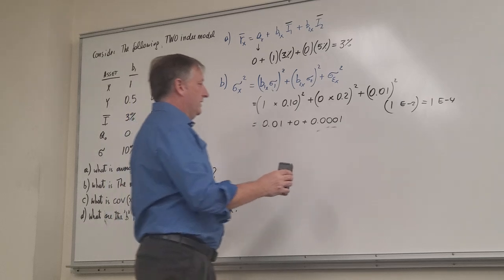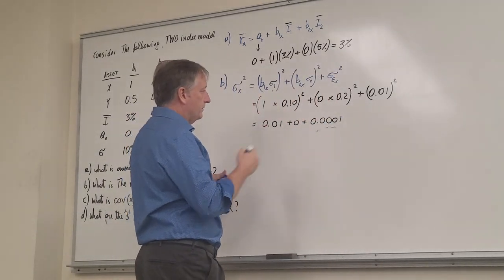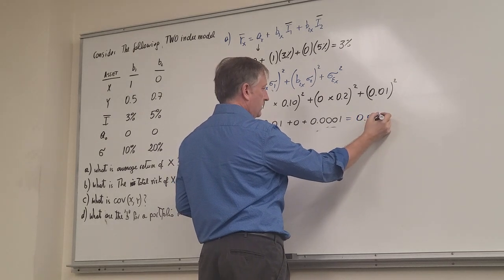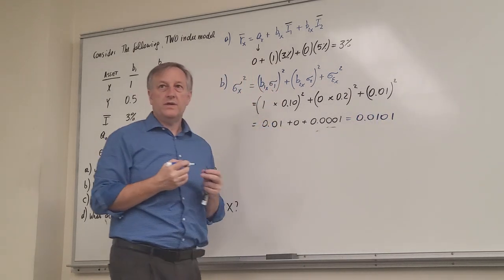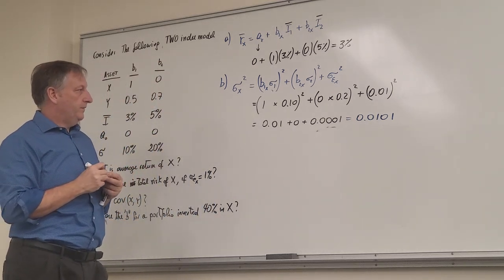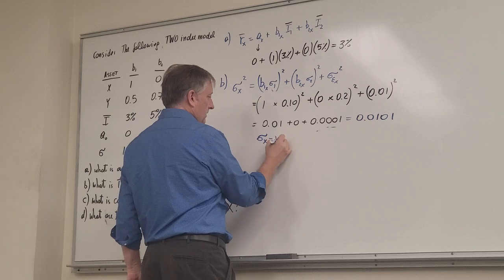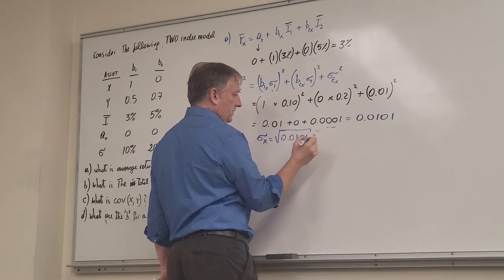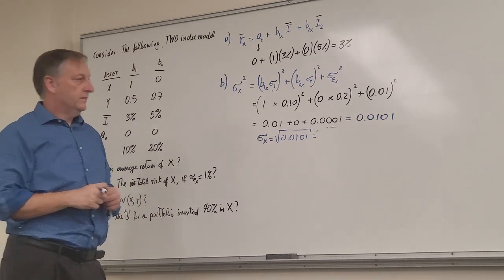Anyhow, use the calculator, tell me what you get. 0.0101. Is that correct? So what is sigma X? 10.1%.